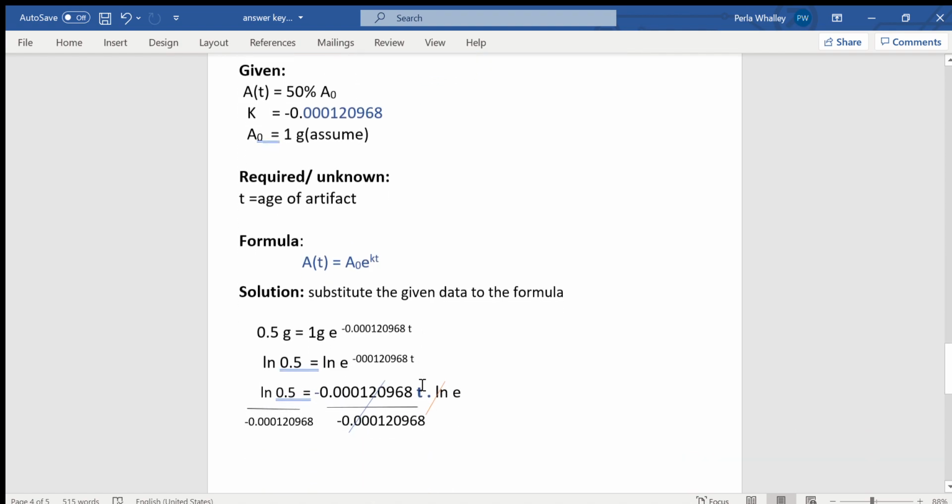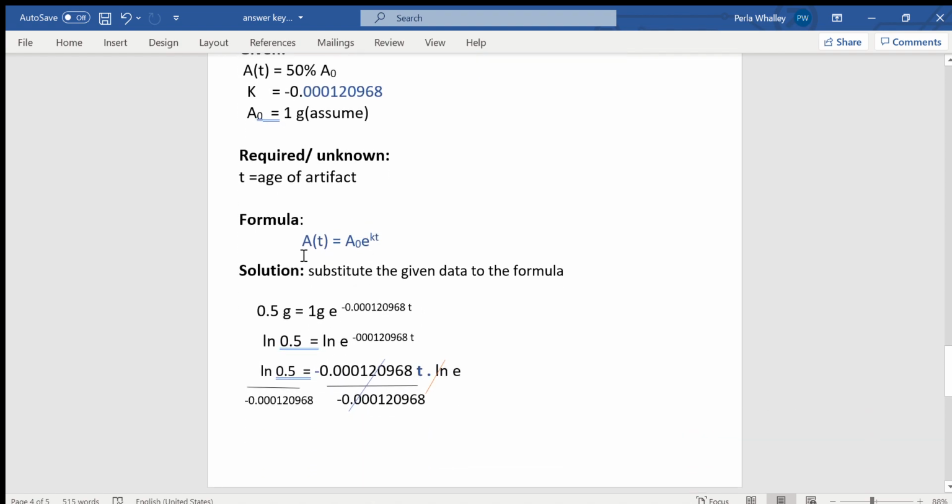Formula, the same. A of t is equal to A sub 0 times e raised to the decay rate times the time, or in this case, the age. So we have now the solution. Substitute the given data to the formula.